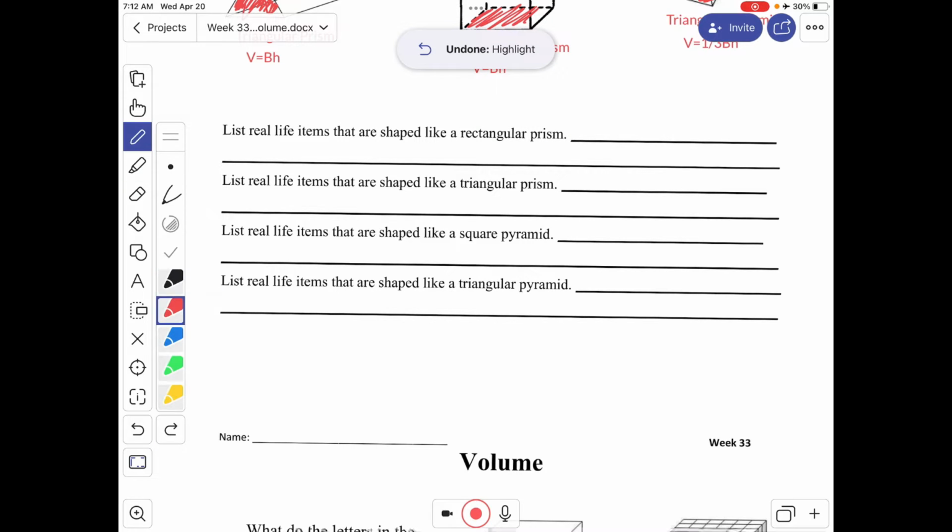If you're in the classroom, you might have noticed a whiteboard eraser, or maybe a tissue box. You also might think of a pizza box. A typical square pizza box is a rectangular prism. A Rubik's Cube might be a rectangular prism.